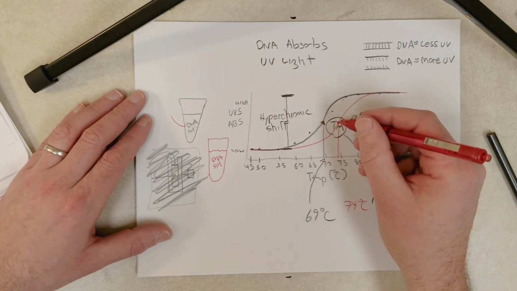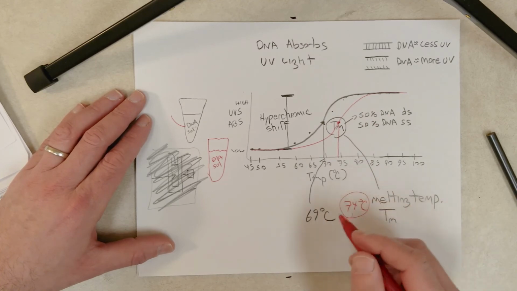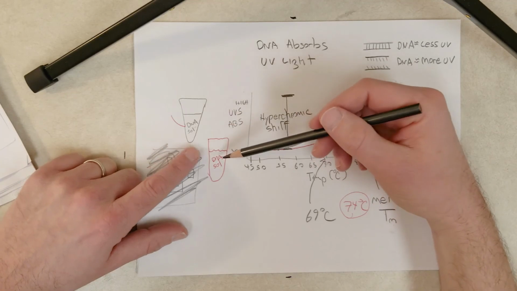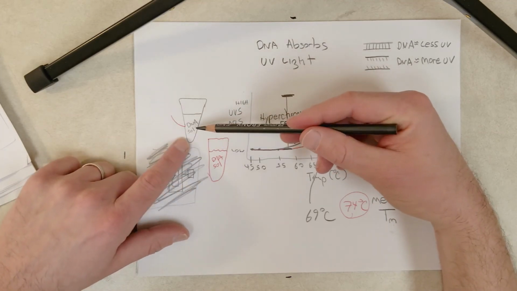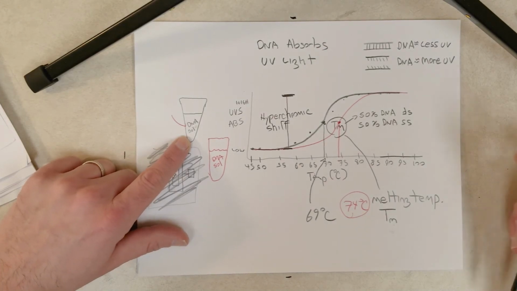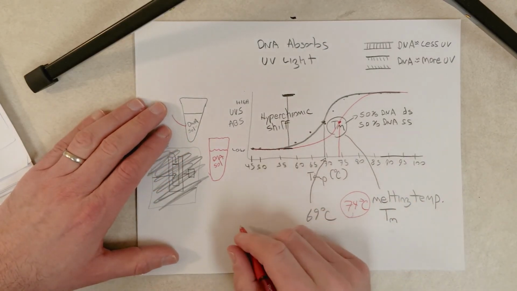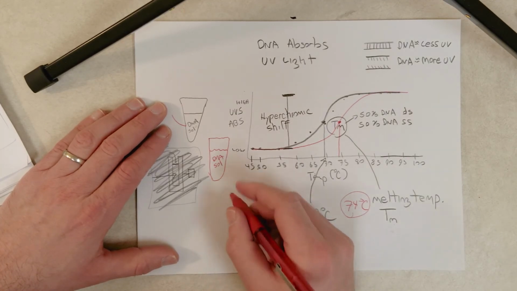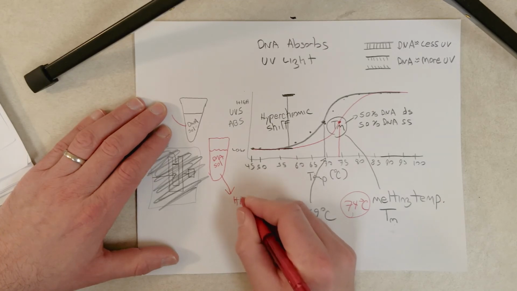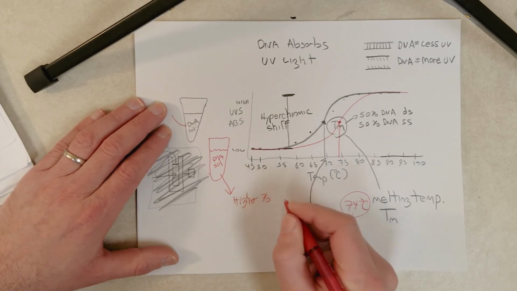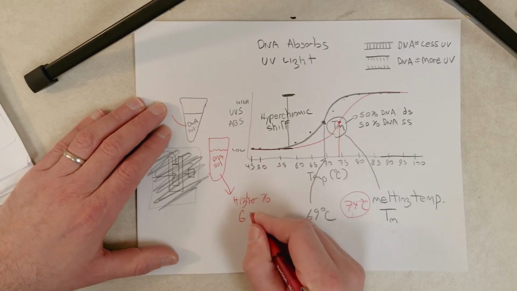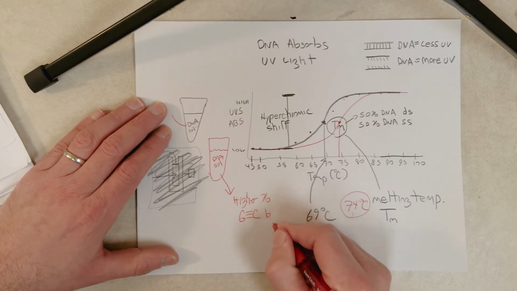So what does that mean? Why would the Tm of the DNA in this solution be higher than the Tm of the DNA in this solution? So the reason is that the DNA in this solution probably has a higher percentage of GC base pairs.